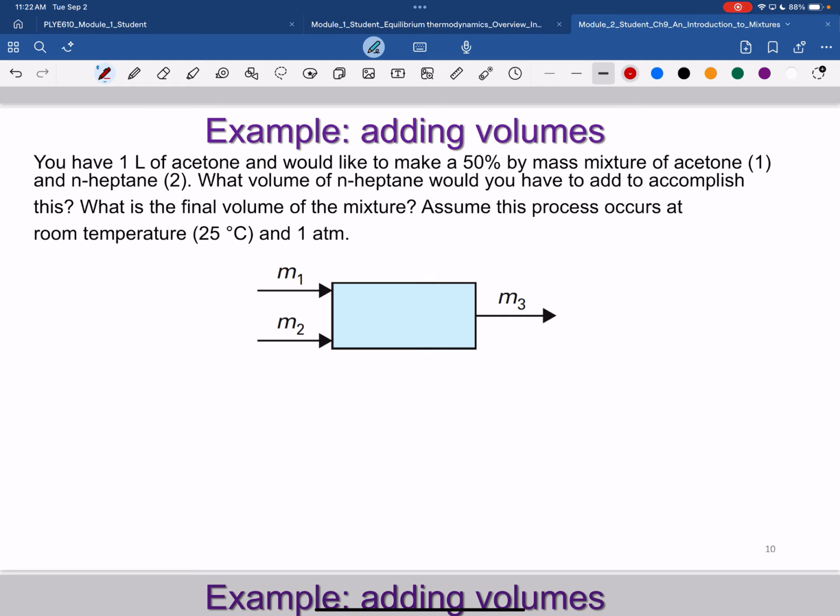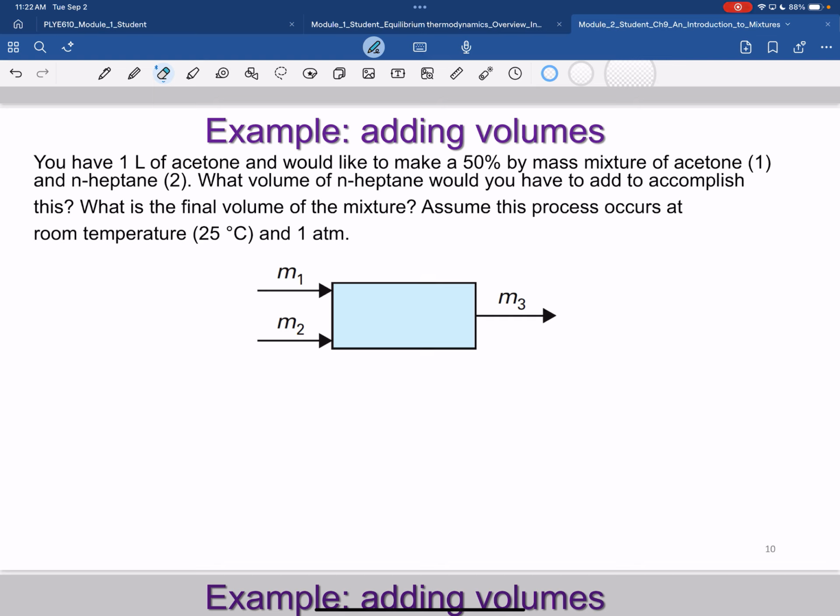So we have 1 liter of acetone, and we would like to make it a 50% by mass mixture of acetone as component 1 and N-heptane as component 2. Okay.